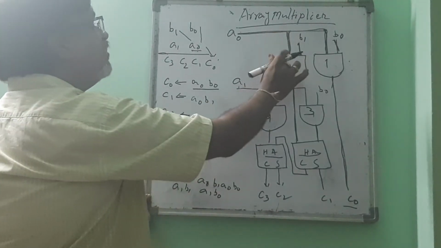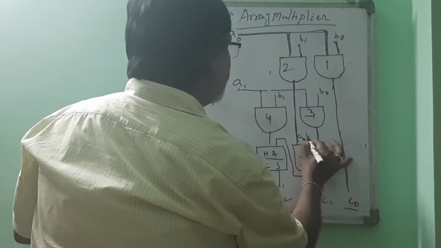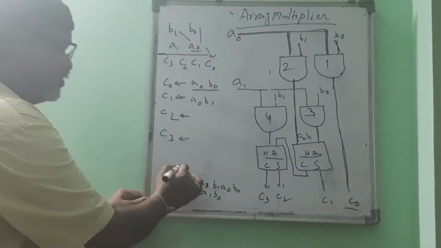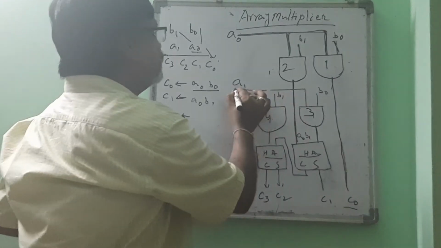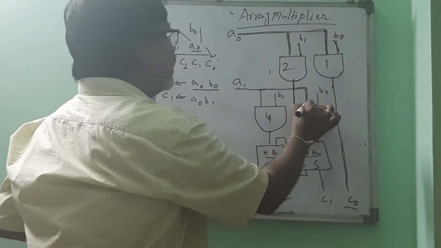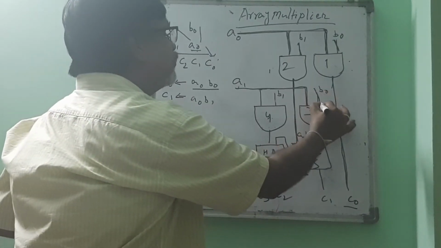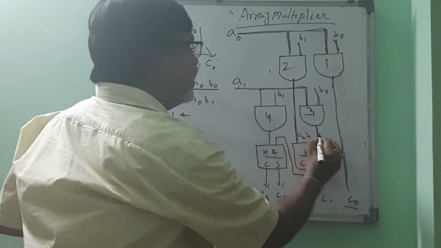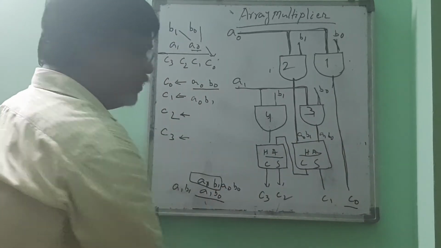Now this second output we got here is A0, B1. Now the third AND gate has one input A1 and the second input B0. So we got A1 and B0.